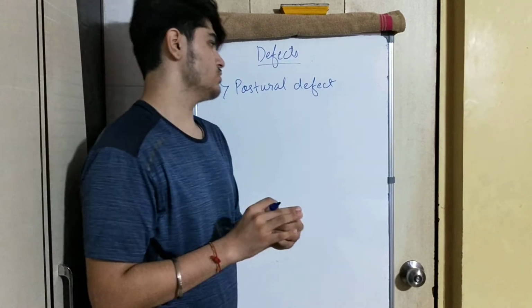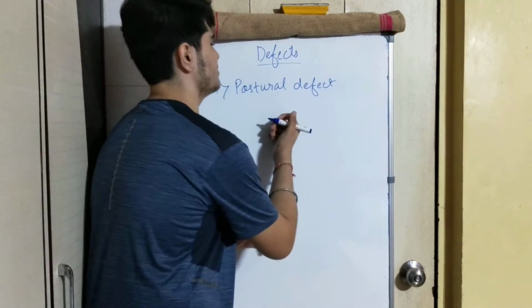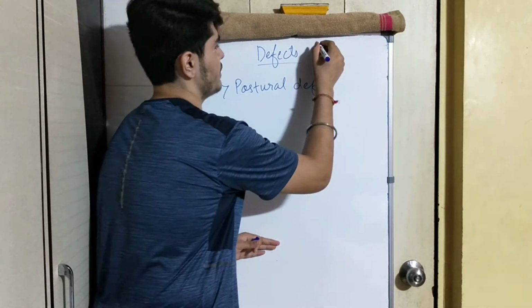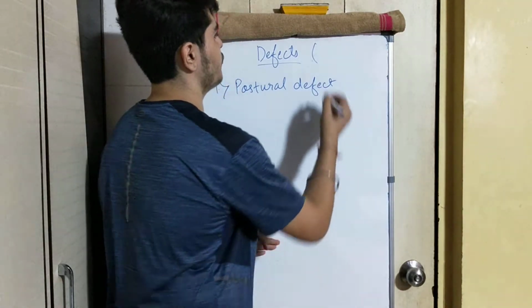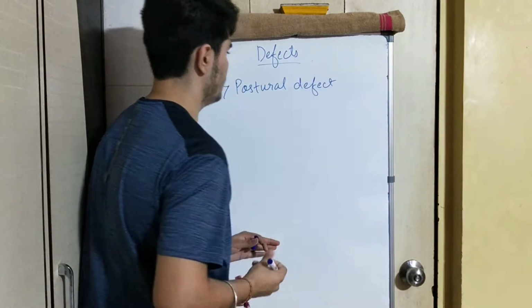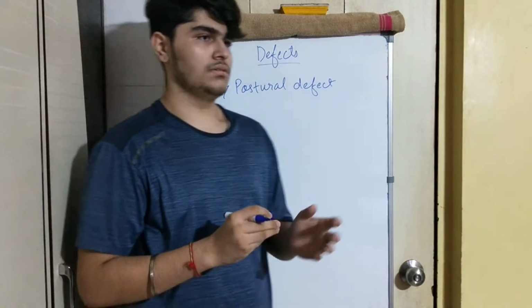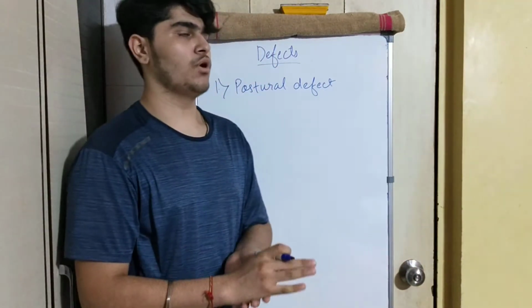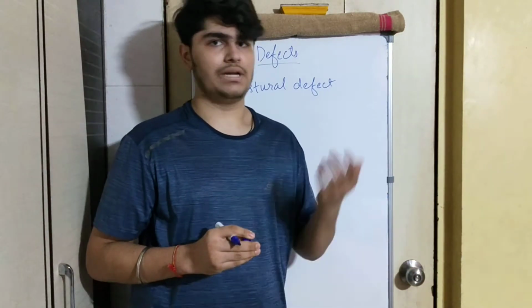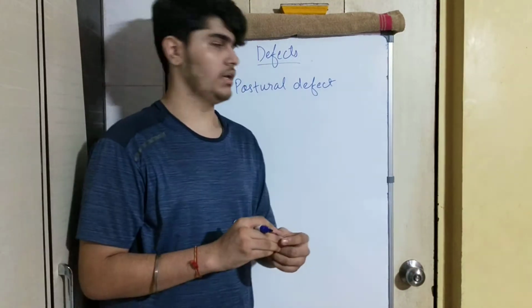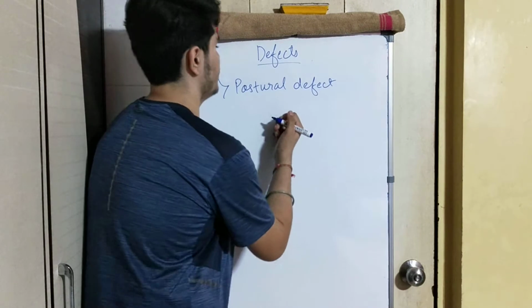Defects can be or cannot be from birth, but obviously if you have been hurt or you are not taking a proper diet, you can have these defects in your body. So first is postural defects.